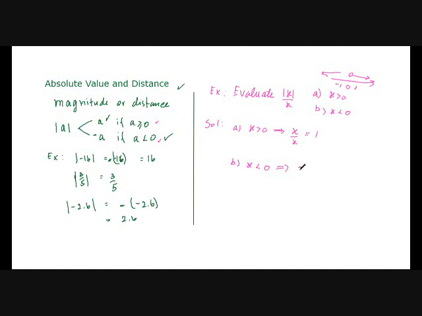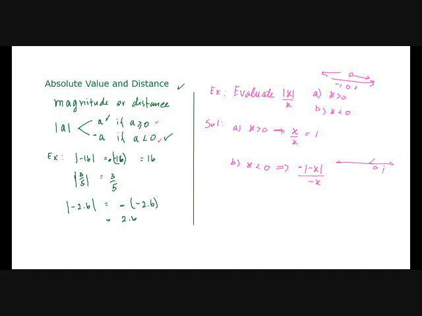So step by step, we have negative x over x. Because if x is less than 0, the absolute x should have a negative sign from the definition, and then over x, because x is less than 0, our x is on the negative side when you draw the number line.